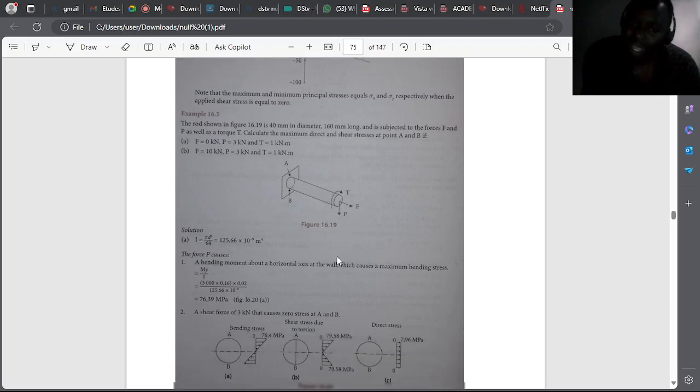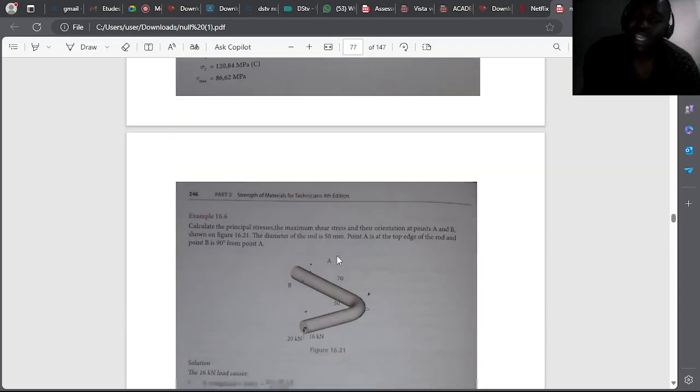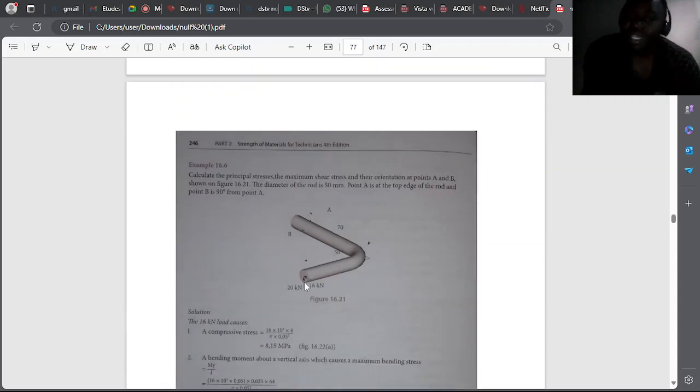I'm going to scroll back again to explain on the second example what happened here. The first 20 is causing a shear stress going down here due to the force. We agree with that. Now, it is also causing a torque because when this thing is bending, it is rotating this thing around the axis where A and B is.